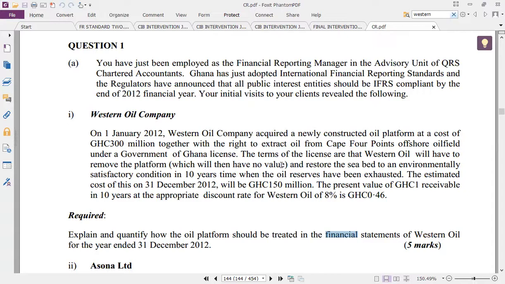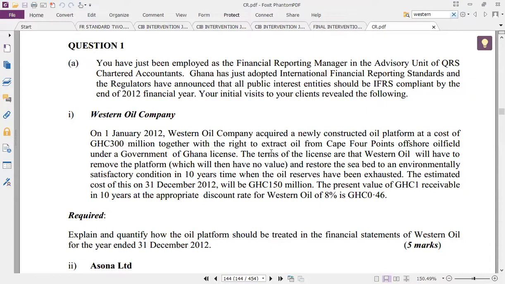So scrap value is 0, and restore the seabed to an environmentally satisfactory condition in 10 years' time when the oil reserves have been exhausted. The estimated cost of this on 31 December 2012 will be 150 million. The present value of one cedi receivable in 10 years' time at the appropriate discount rate for Western Oil of 8% is 0.46 cedis.